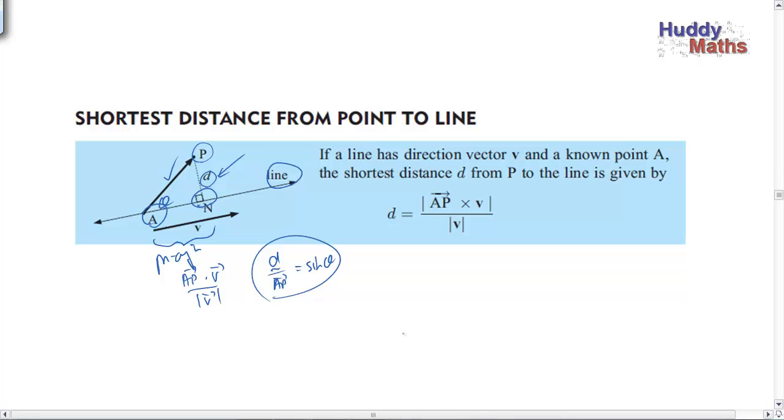Okay, so that's trying to give you some picture of why this works. This is actually the projection vector of AB in the perpendicular direction. It can be any point A, and it will differ only in as much as when you have that vector, the projection is going to handle those differences for you.